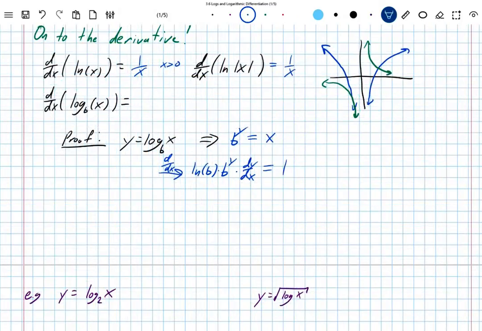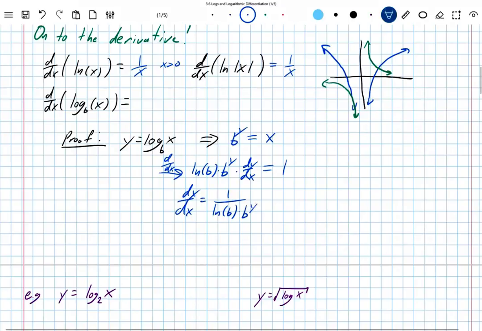Now all we gotta do is solve for dy dx. Not too bad, just divide. 1 over natural log of b times b to the y. This is okay, but we really don't want a y in there, right? We really want to have an x.